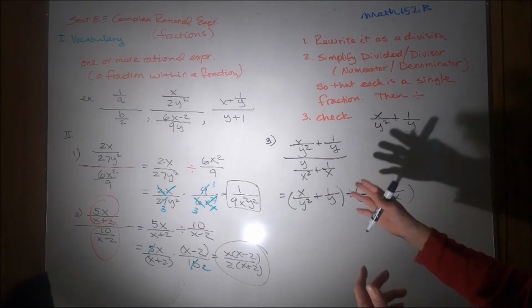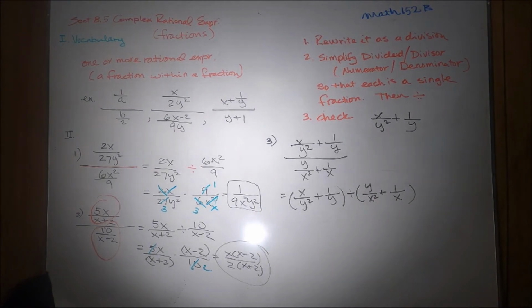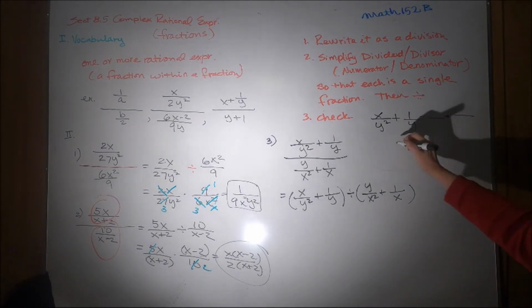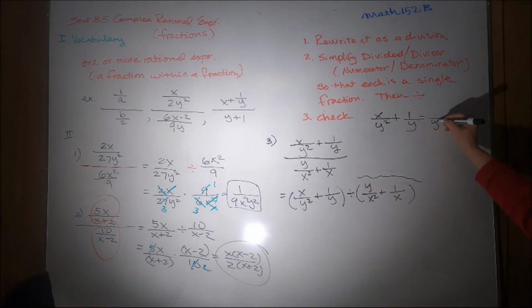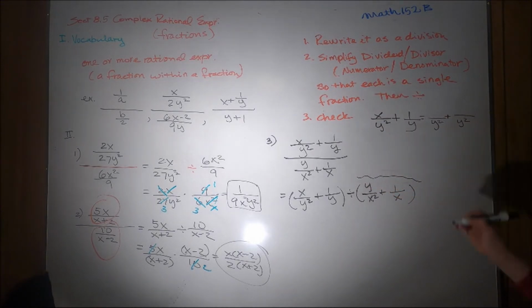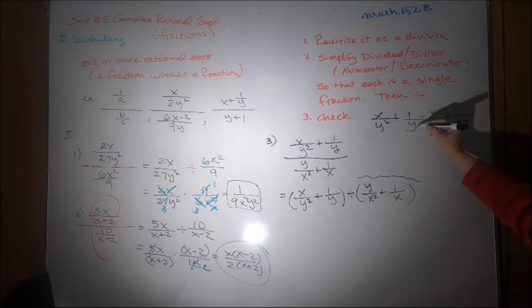Add, subtract, multiply, and divide, all the operations you need for fractions, right? So let's simplify them. When we add them, what do we need to do? Find the LCD, which is y squared, that's x, right? This one we need to multiply by what?